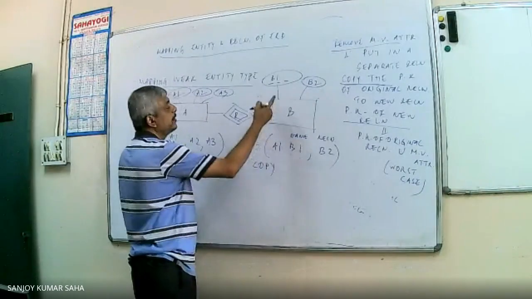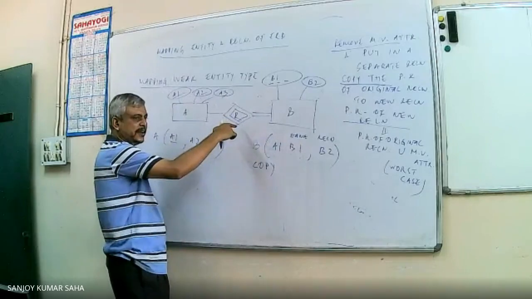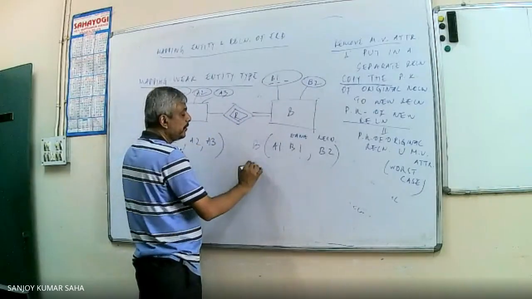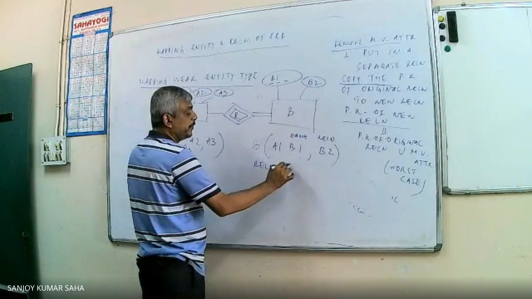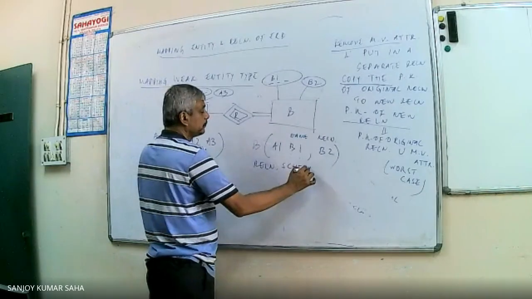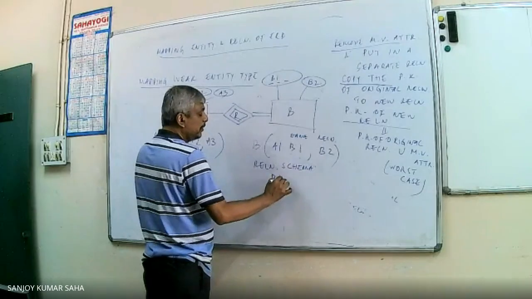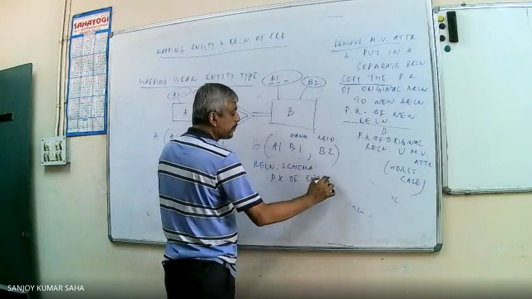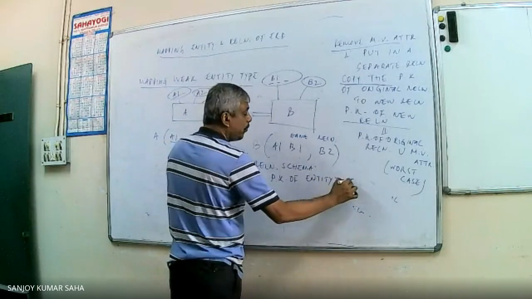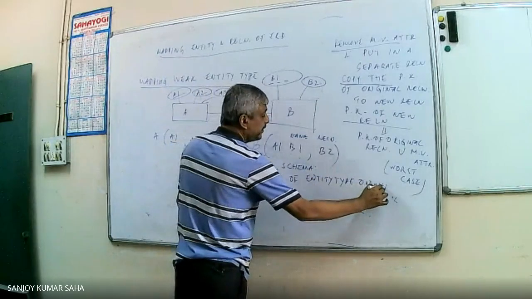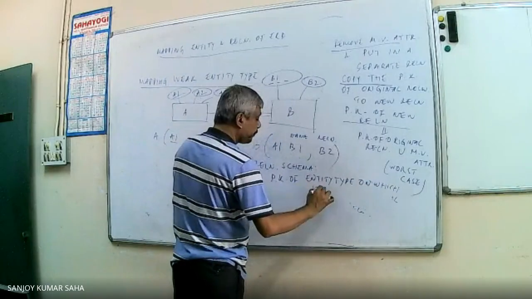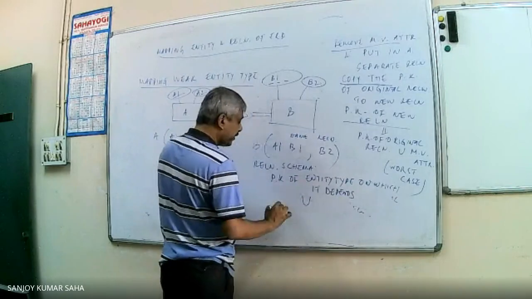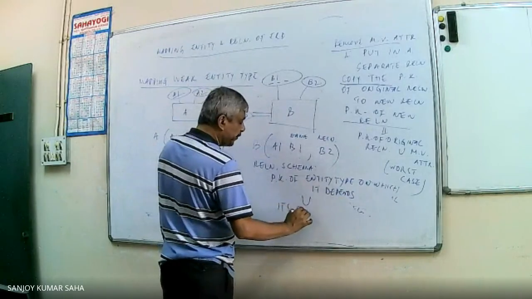So in order to map the weak entity type into the relation, the schema will be the primary key of the entity type on which it depends, union its own attributes.